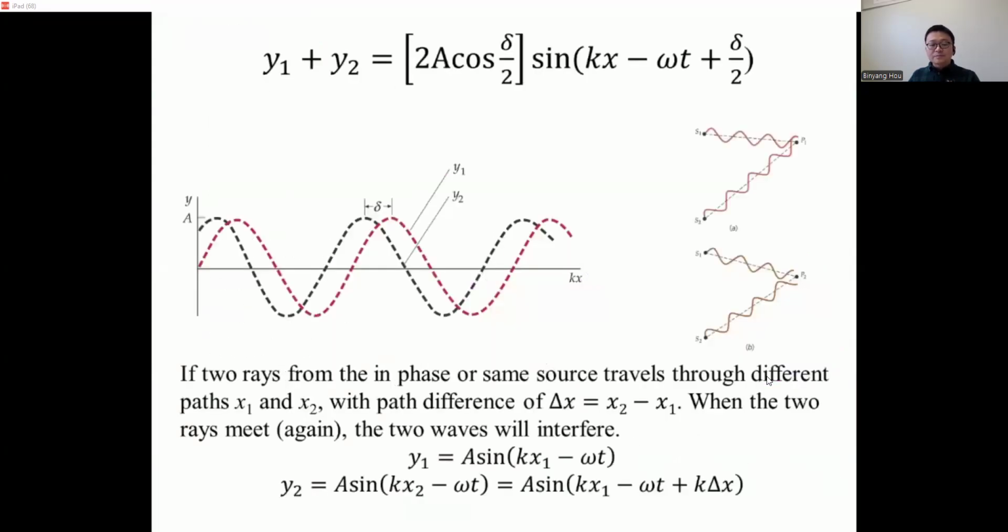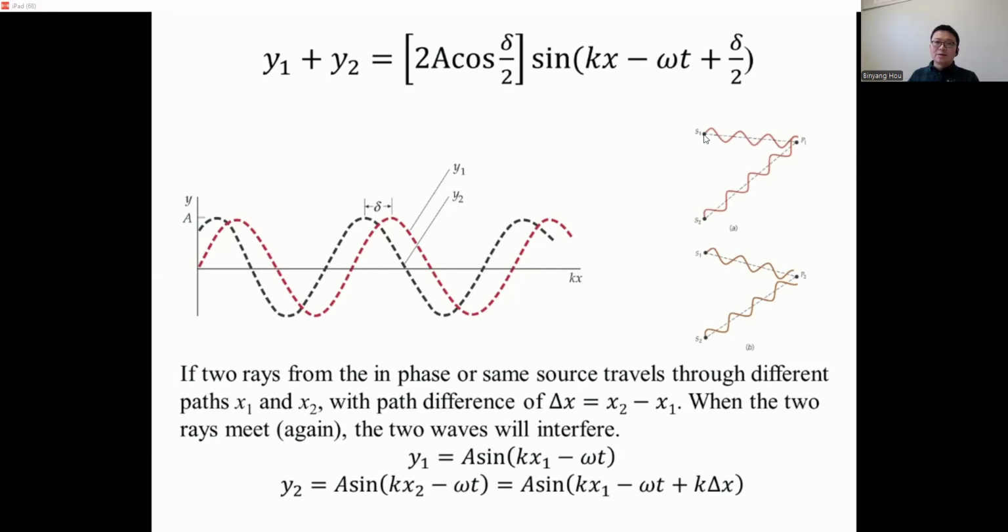So based on the path difference of two waves when they add up, again, we call them y1 and y2. If we use a sine function, or if you like, you can use a cosine function, then we actually add two trigonometric functions up. So y1 and y2 are similar to each other. The two sources generate two waves, and they meet at point P. For wave one from source one to travel there, it travels x1 distance.